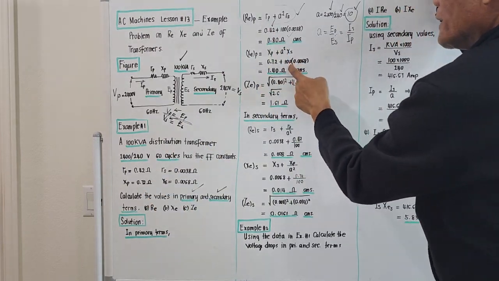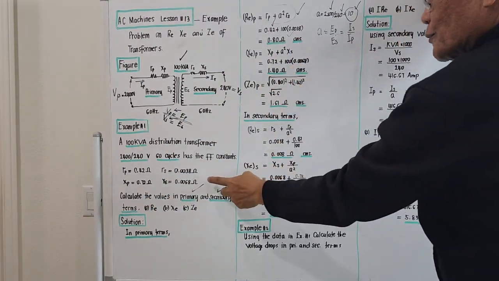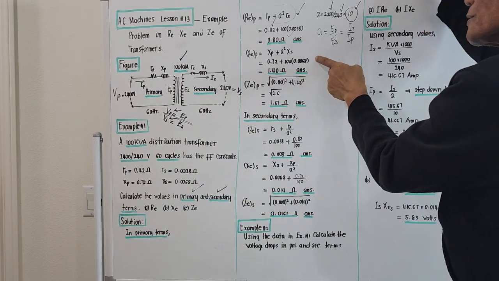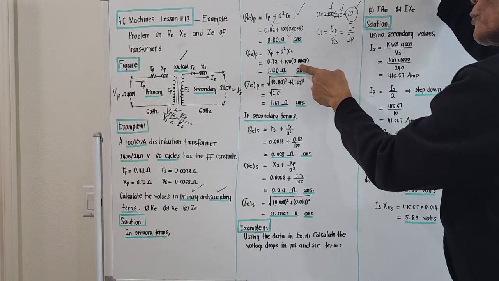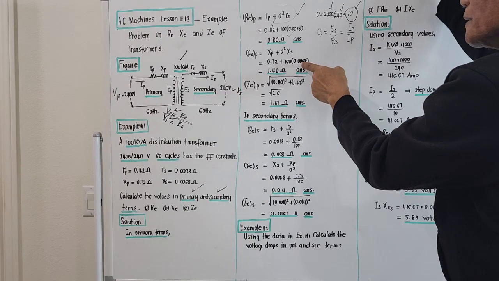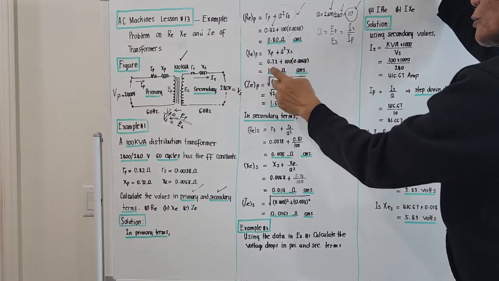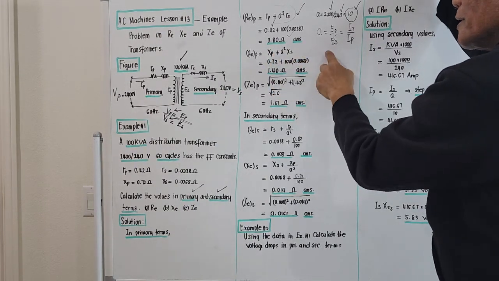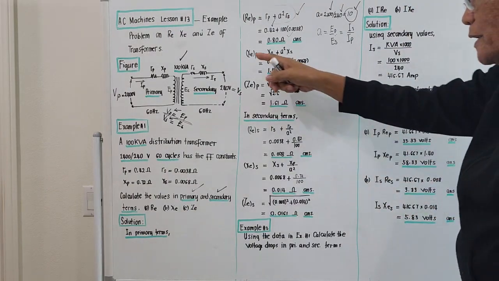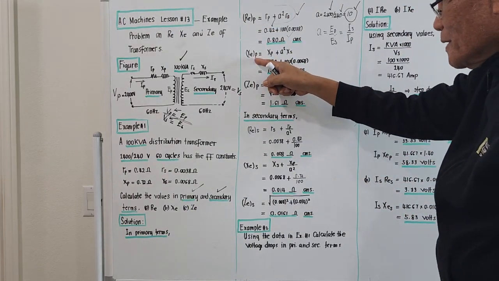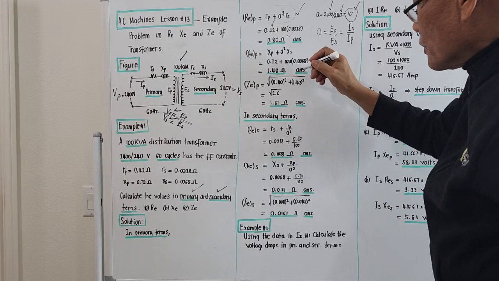A squared will be 100. X sub S is 0.0068. So we move the decimal here 2 places to the right. So it will be 0.72 plus 0.68. The equivalent reactance referred to the primary is 1.40 ohms.